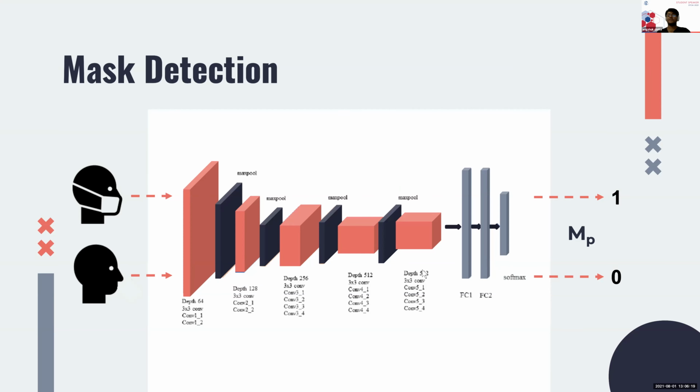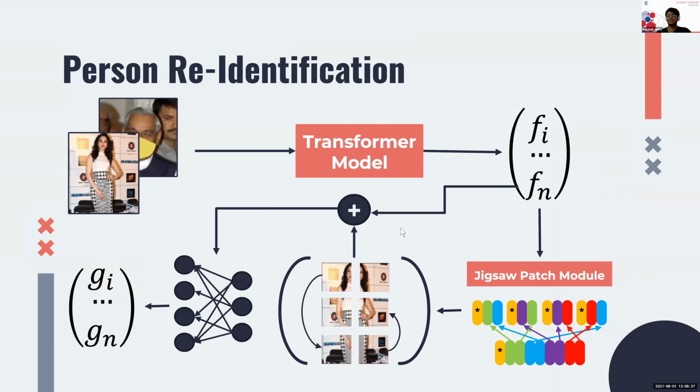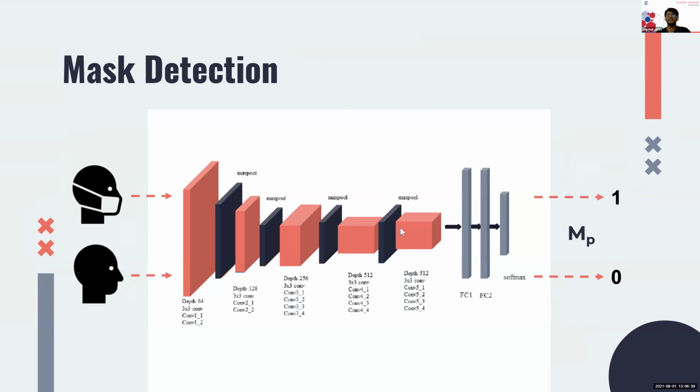The output of this model is basically two probabilities. The first probability indicating that the person is not wearing a mask, which is indicated here, this is 0. And the second probability that the person is wearing a mask, that is indicated by this here, that is 1. And the overall random variable is M. We employ batch normalization here because it increases the accuracy of our model.